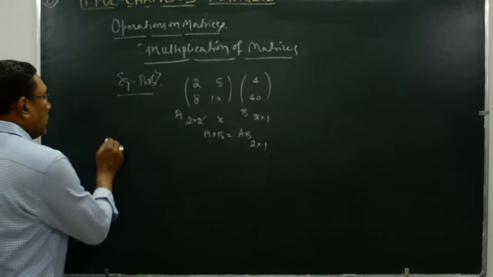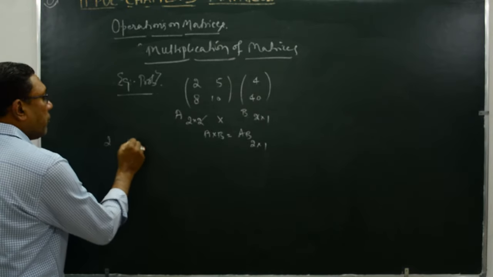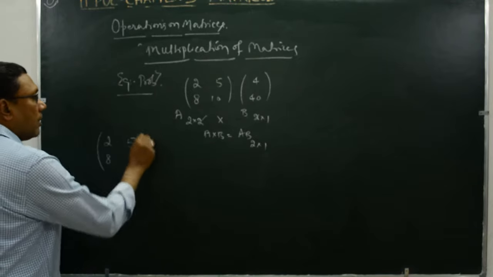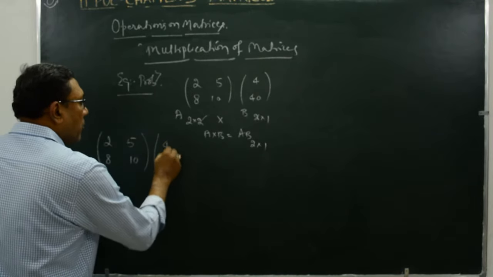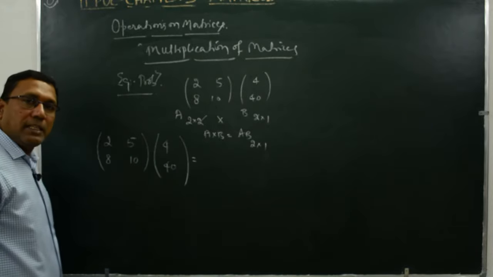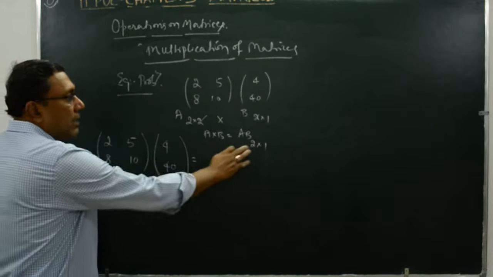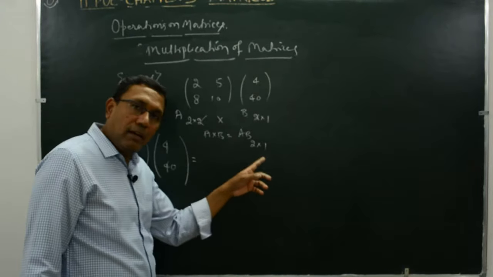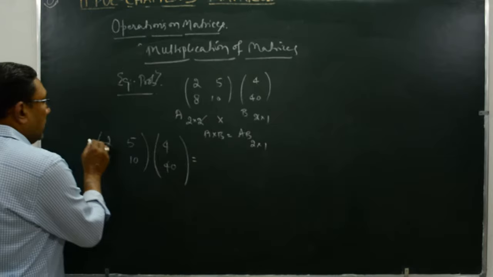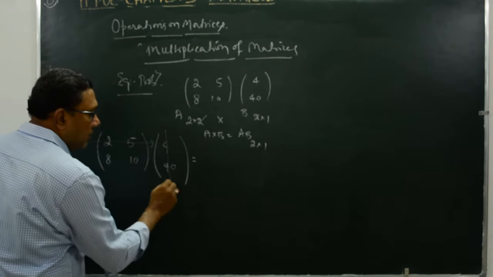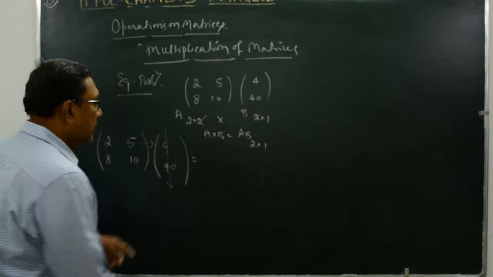Let us slowly understand how we multiply this particular matrix. So it is 2, 5, 8, 10 multiplied by 4, 40. Now imagine we should get 2 into 1, that is 2 rows and 1 column. Let us take the first row and overlap it on the first column of the second matrix.